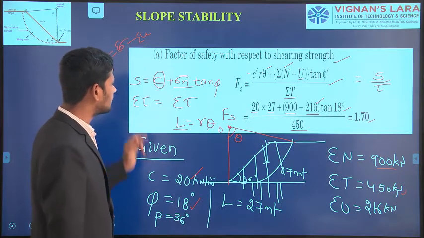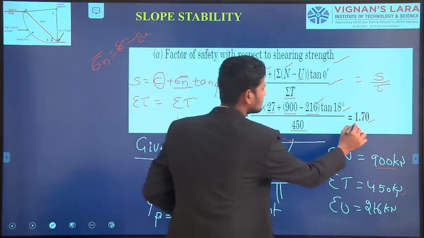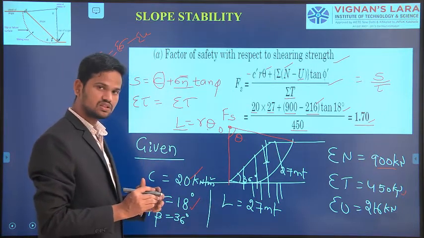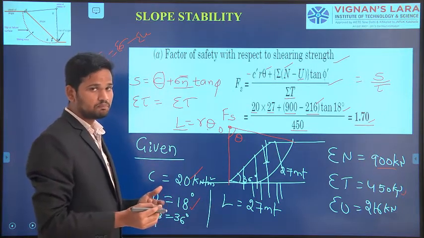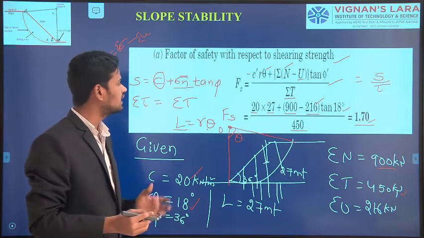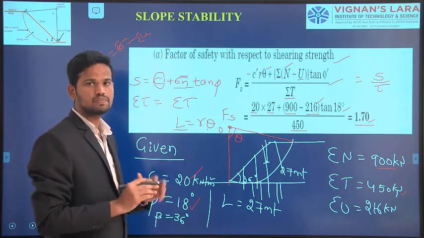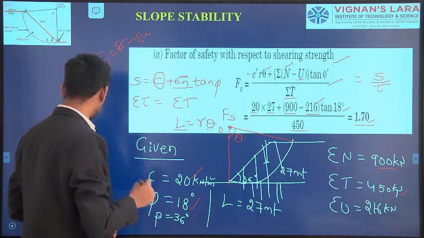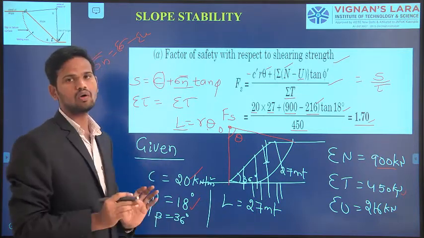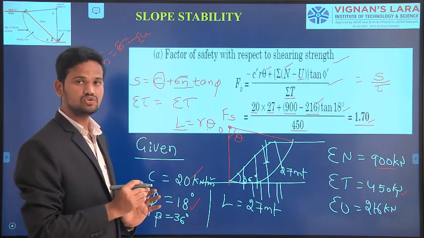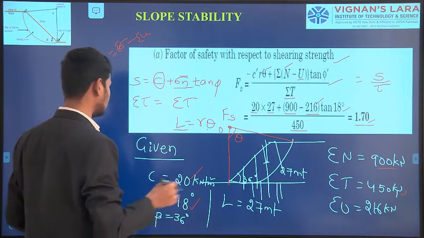Whereas if you consider factor of safety with respect to shear strength, we have 1.70. That means the slope is stable, but with respect to shear strength the slope is more stable compared to the individual cohesion of the soil mass. This is how we have to solve for the standard method of slices.